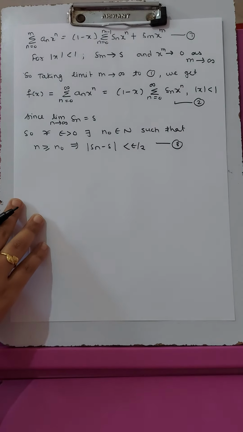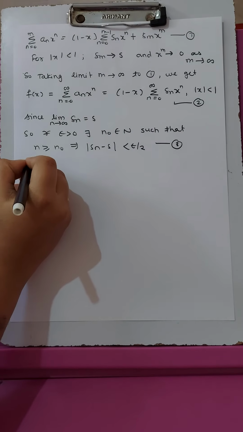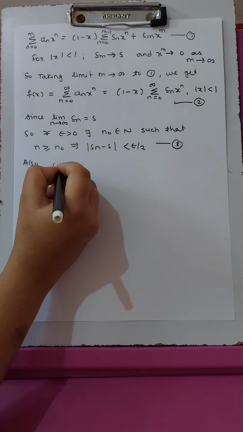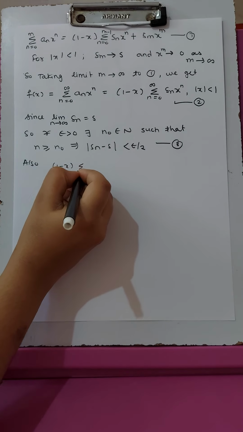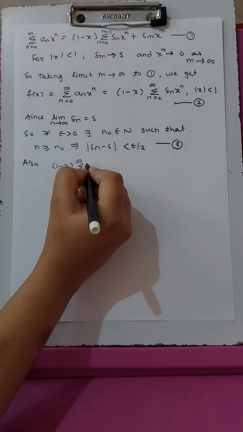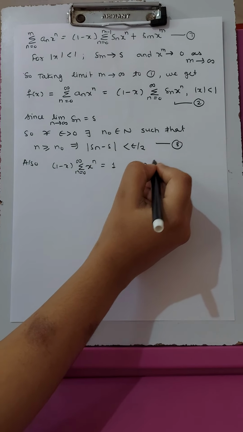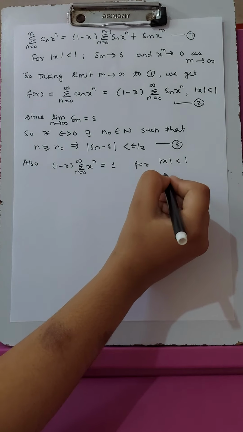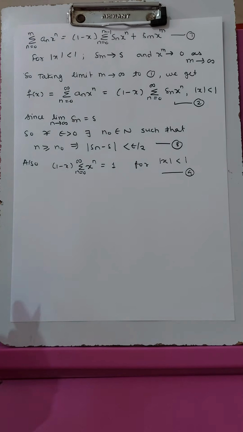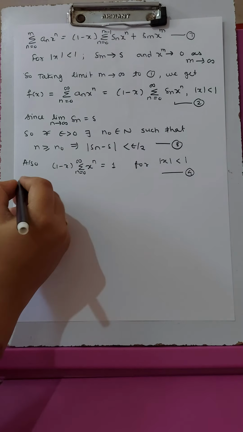Call this number 3. Also this term 1 minus x summation n from 0 to infinity x to the power n is equal to 1 for mod x less than 1. Number 4.